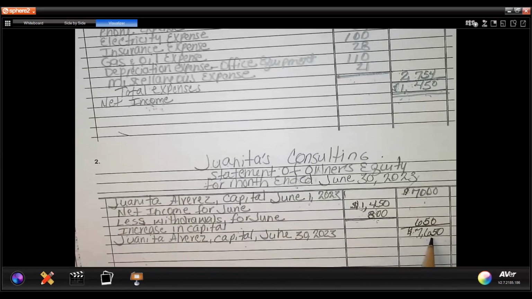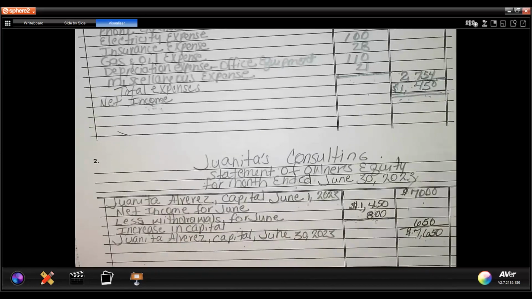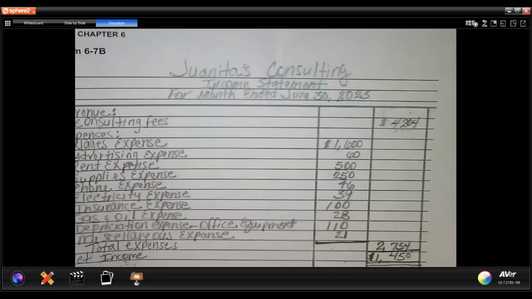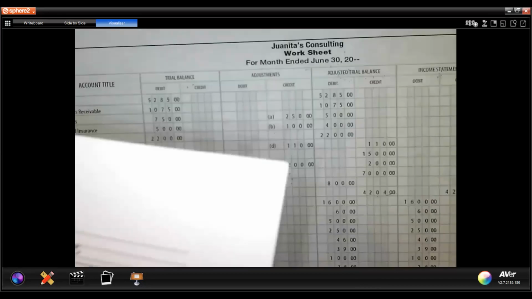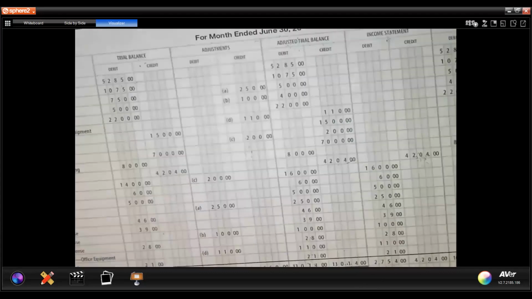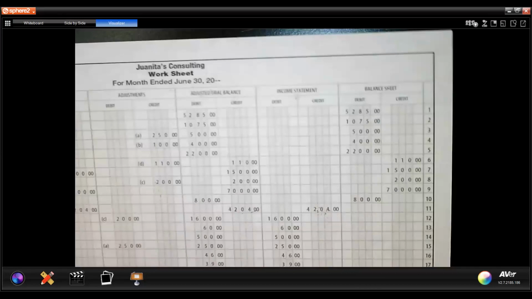Now, the very last statement that we're going to complete is going to be Juanita's balance sheet. So let's move on to the balance sheet. Let's just pan back over to Juanita's consulting worksheet.